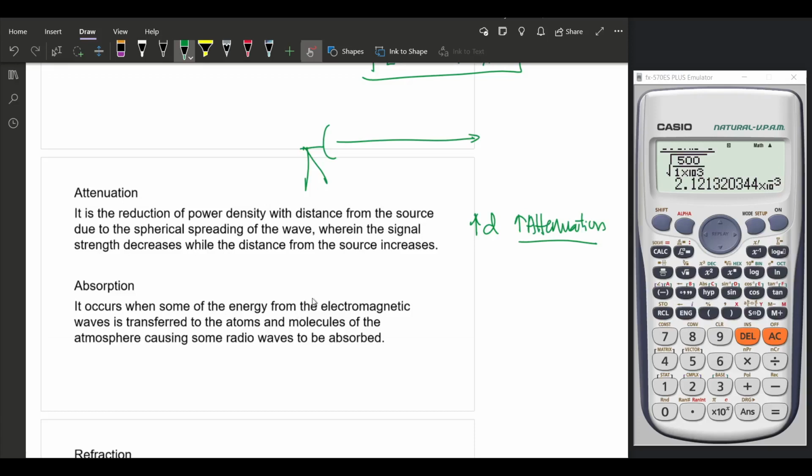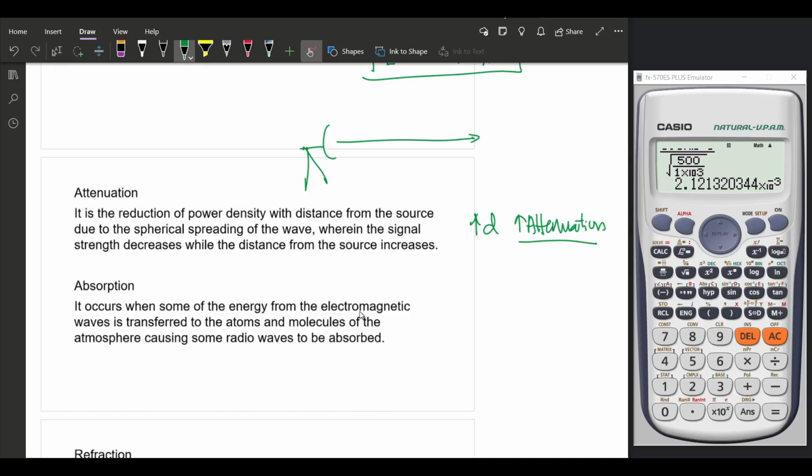Okay? Next. Since nabanggit natin kanina na yung electromagnetic wave natin, para lang din siyang heat energy, para lang din siyang light energy, so meaning meron din siyang tinatawag na optical properties. So it actually has the same property with regards dun sa mga physics properties like yung refraction, reflection.